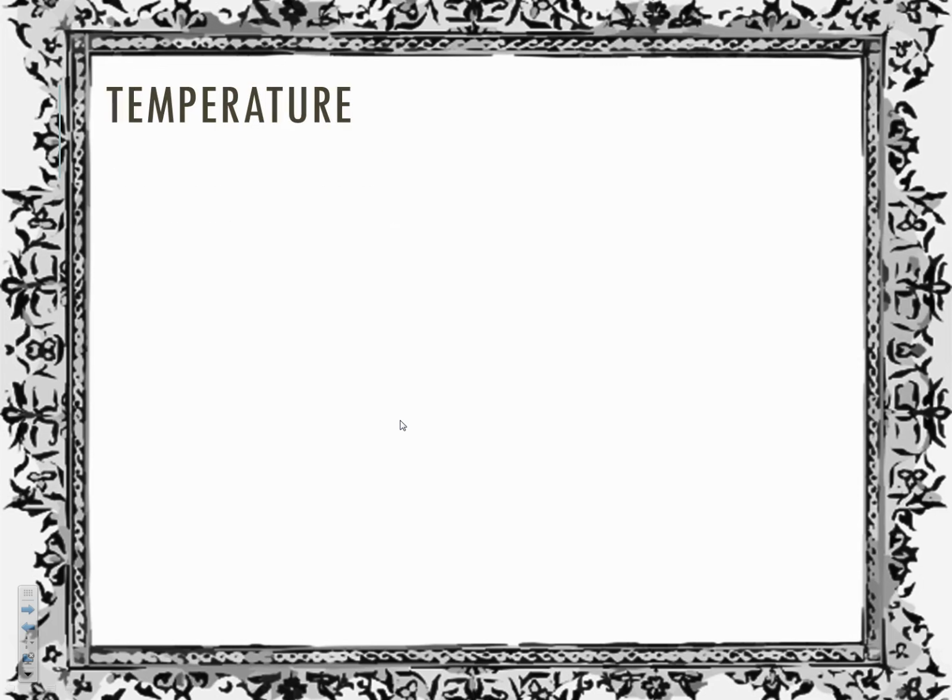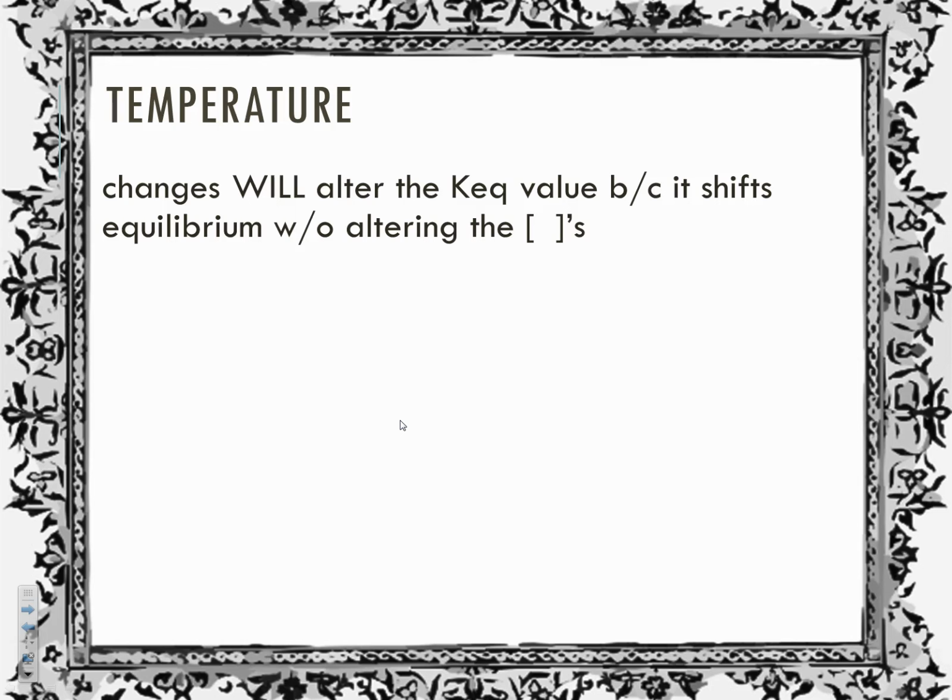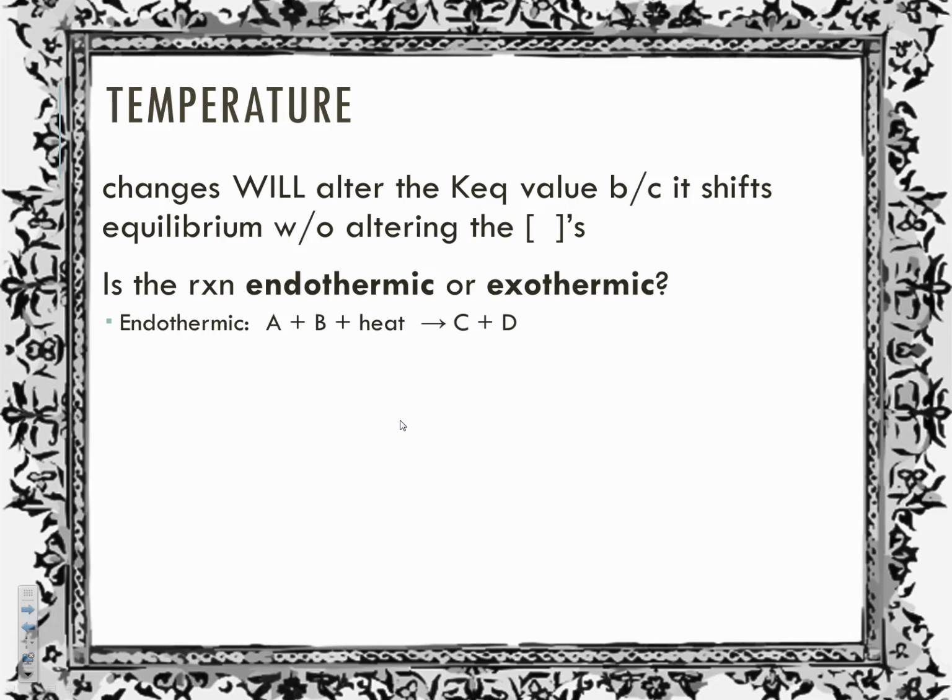Temperature is a little bit more complicated. What we say with temperature is that it's kind of like adding heat. The easiest way to think of this is in terms of endothermic and exothermic reactions. If you have an endothermic reaction, you can think of it as heat being used as a reactant, because endothermic means that heat is taken in.